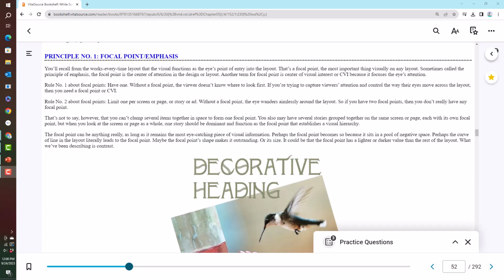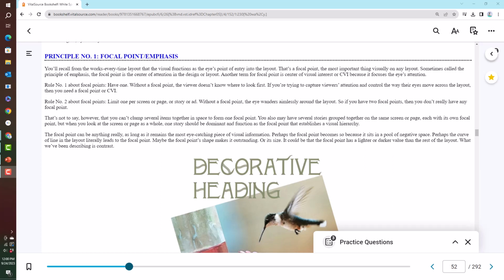The next problem that I wanted to look at was there seems to be a misunderstanding about focal points. Rule number 1 about focal points: have one. Without a focal point, the viewer doesn't know what to look at first. If you're trying to capture viewers' attention and control the way their eye moves across the layout, then you need a focal point.